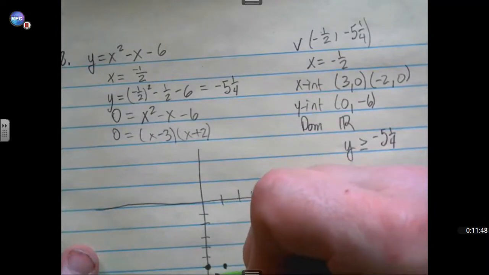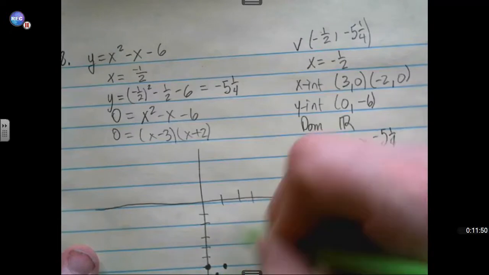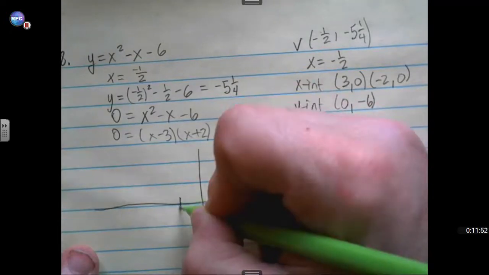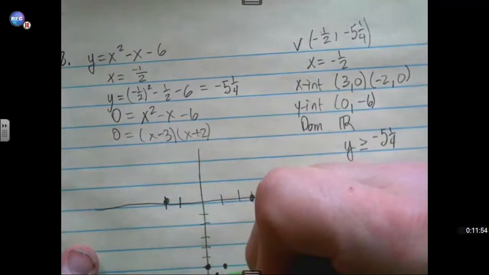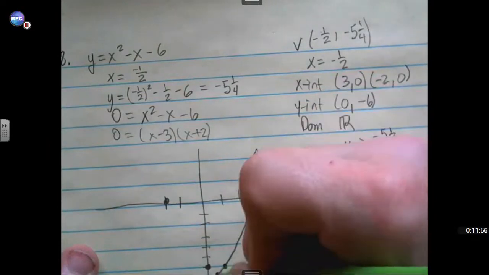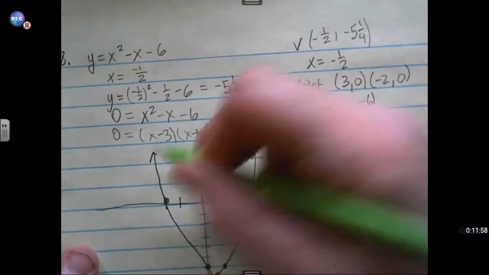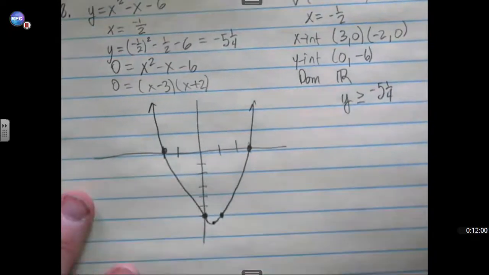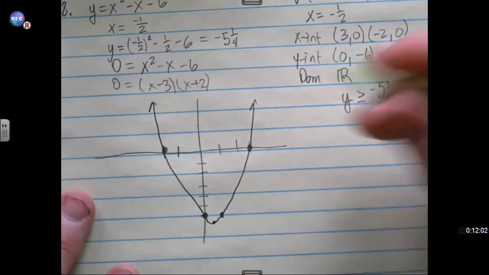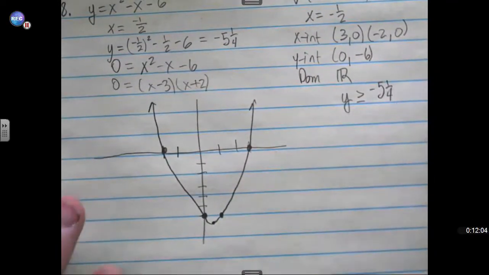Your vertex is going to fall in here somewhere, and then we had intercepts here and here, and so kind of get an accurate picture of what that thing looks like. And like I said, this part down here is just an estimate. So there's all the things for that.